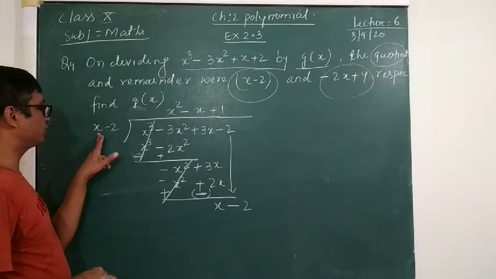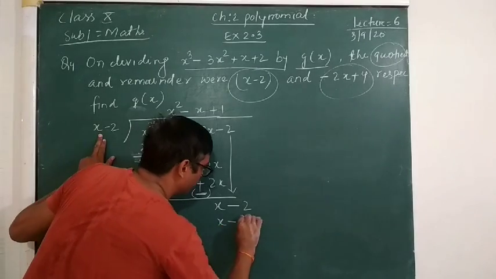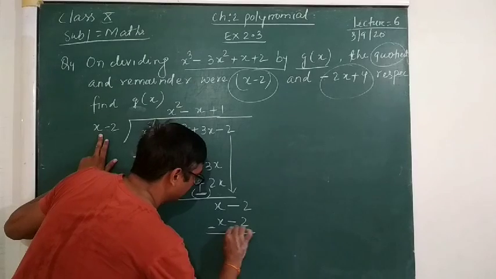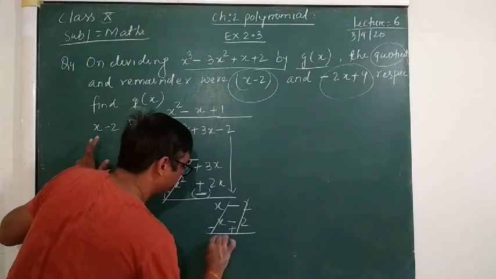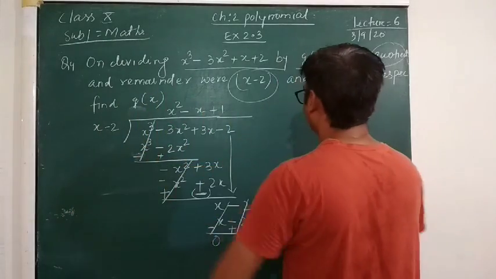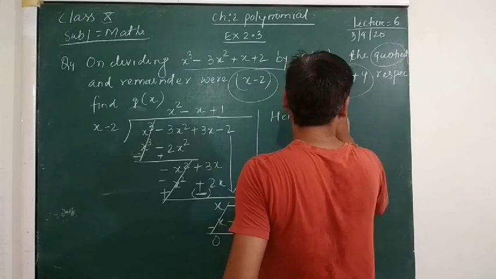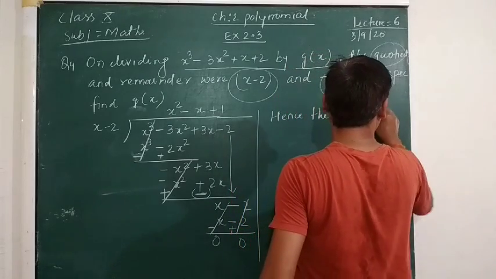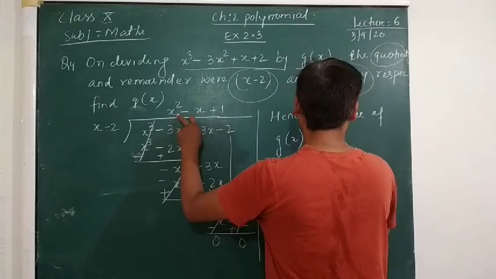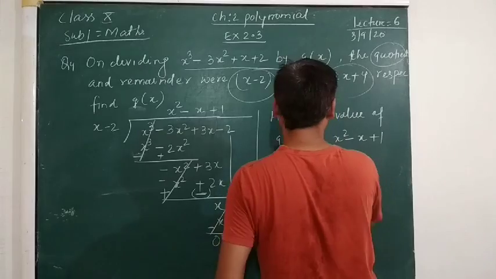Plus 1 into x gives x, and plus 1 into minus 2 gives minus 2. The signs change, so this will be cancelled and you will get 0. So the value of gx, this quotient, is equal to x square minus x plus 1. That is the answer.